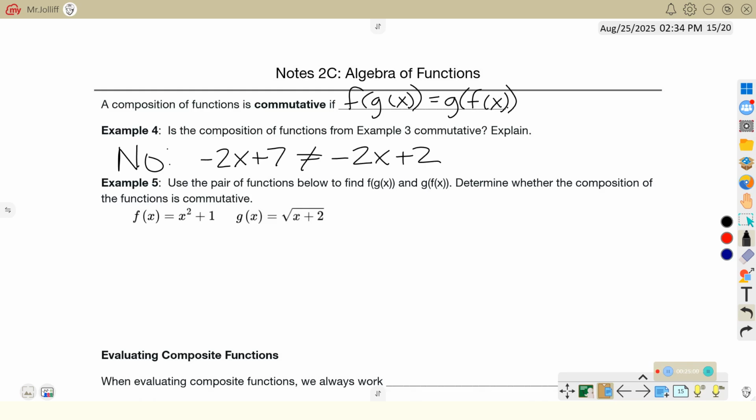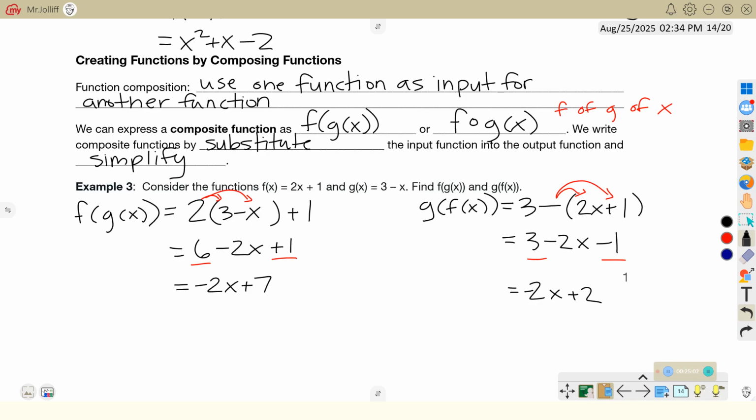So I go back to example 3 and I look at what we just did. Here is f of g of x. Here is g of f of x. If the functions were commutative, those two things would be the same. And they're not. So this f function and this g function are not commutative. Yeah. That was a good question.